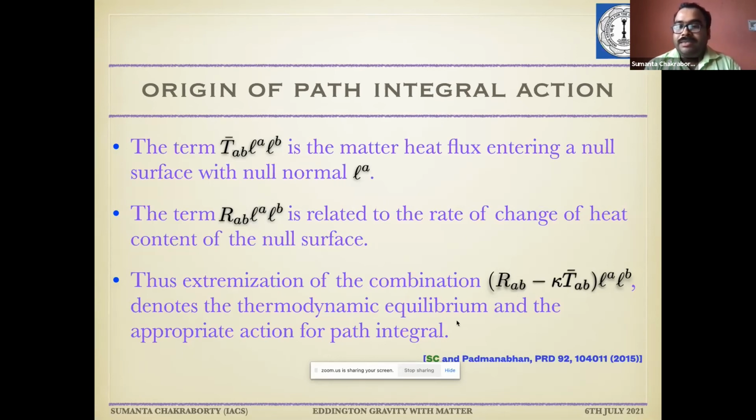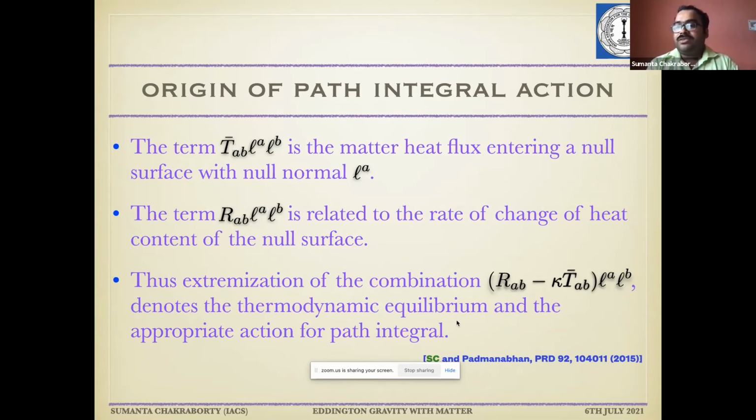Now, this action depends on those microscopic degrees of freedom, whatever they are, through this vector field L^A. And therefore, if we want a classical contribution arising out of it, we must path integrate, or integrate over all those vector fields. That is precisely what we have done.